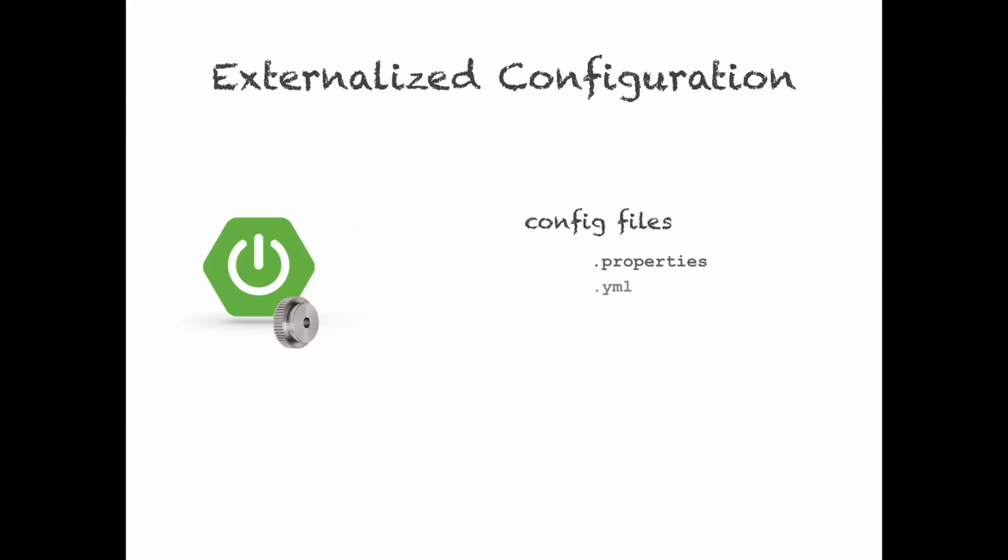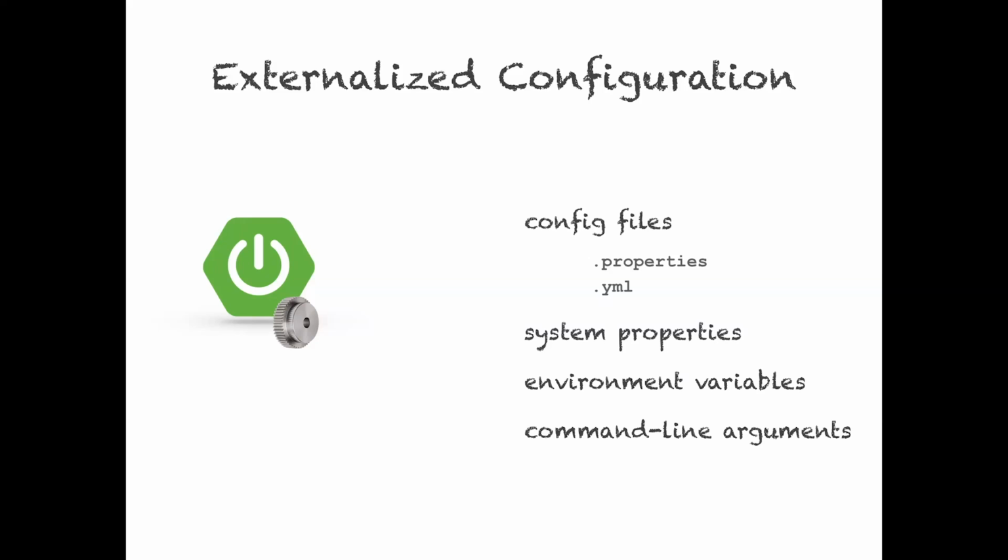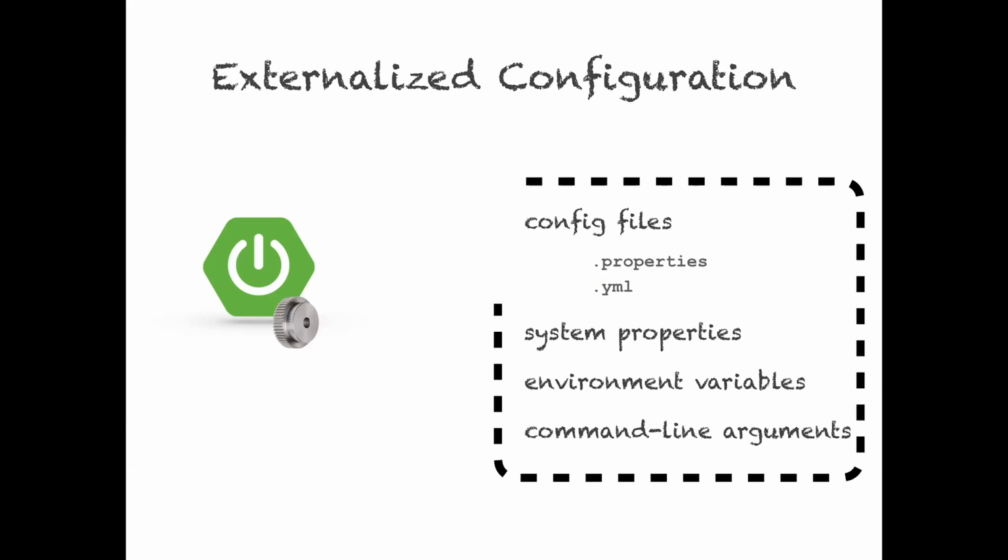You can do that with configuration files, which can be .properties or .yaml files, whatever you prefer. Or you can use system properties, environment variables or command line arguments. There are a bunch of other property sources that we will also pick up, but these are a few that I've mentioned here. All of these get read and they go into the Spring environment.